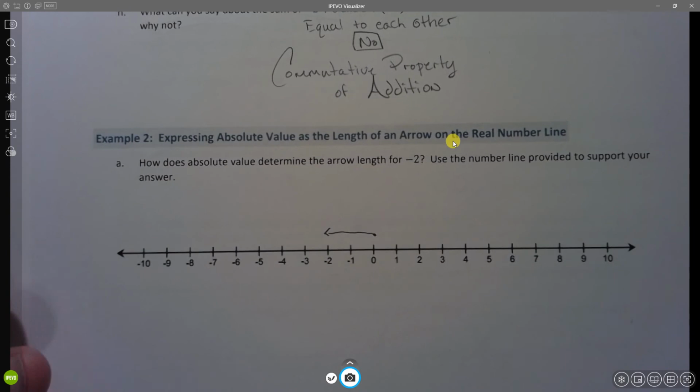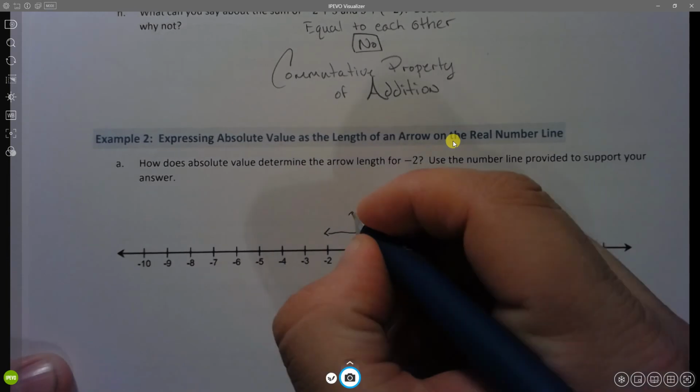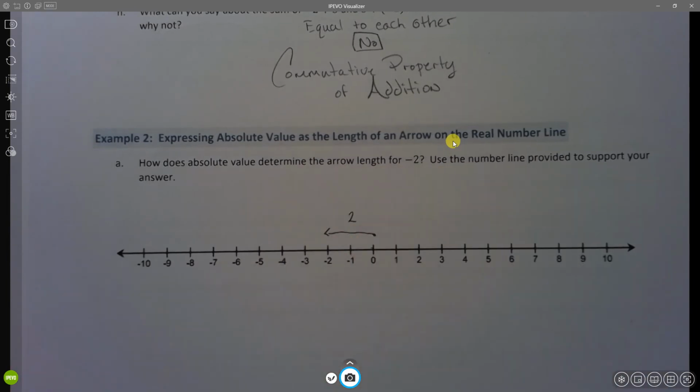I don't want to know that the answer ends at a negative 2. I want to know how many units it takes. So 1, 2. So my absolute value of a negative 2 is 2. 2 units of distance. So that's what it's talking about. How does absolute value determine the arrow length of a negative 2?